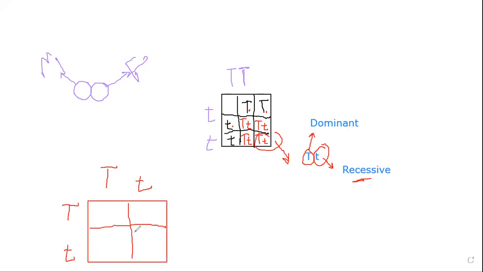Again, each plant will take half of the chromosomes from the mother and the other half from the father. So let's see, the first plant will take one half from the first parent and the second one from the second parent, which is going to be two capital Ts. This one will carry capital T from the first parent and small t from the other one.